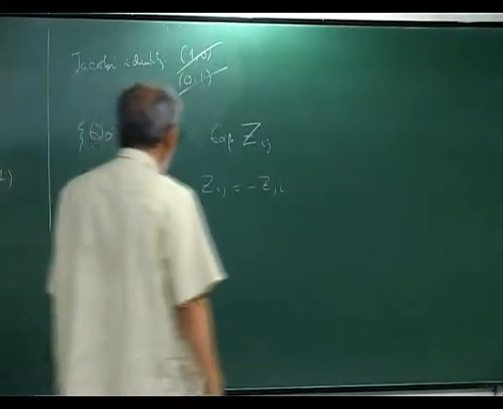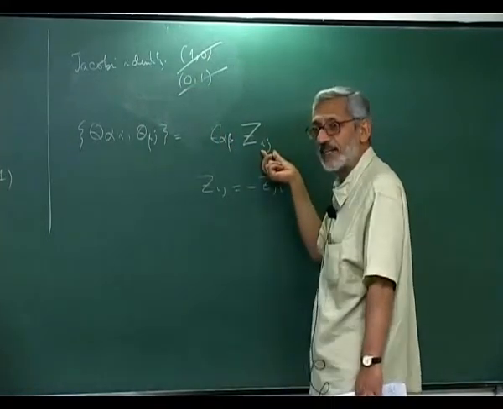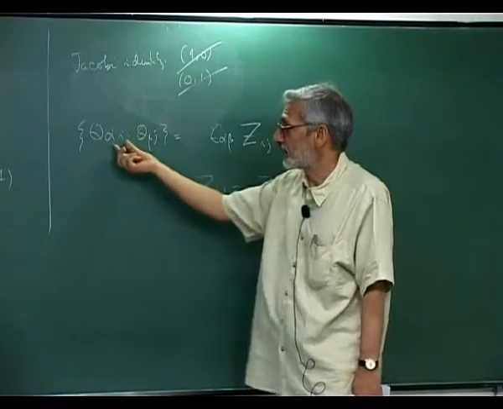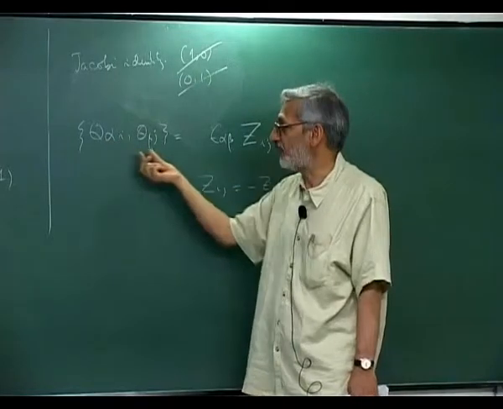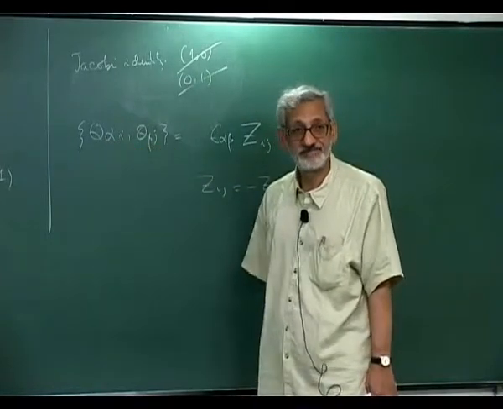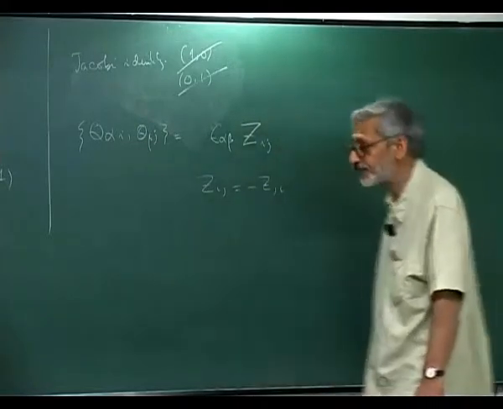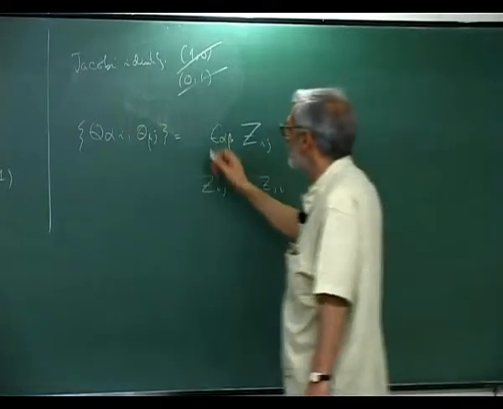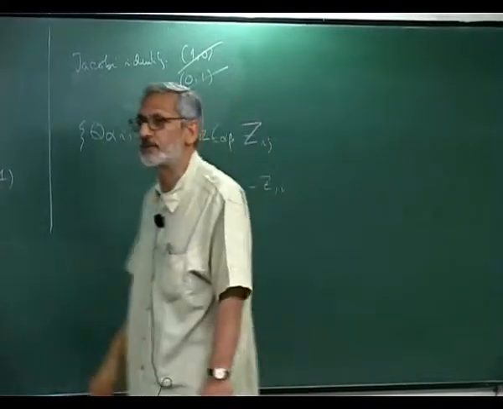Because this is antisymmetric in alpha beta interchange and antisymmetric in I and J interchange, this object is symmetric when I interchange the pair alpha I with beta J. Clear? And then, for some convenience, we put a certain normalization, 2 times root 2.